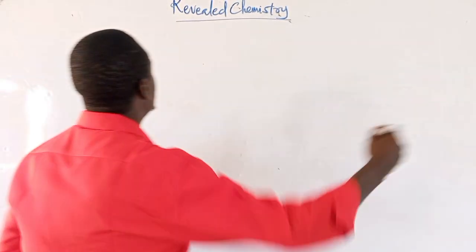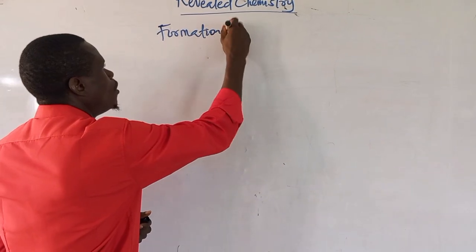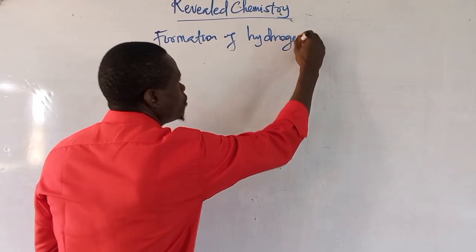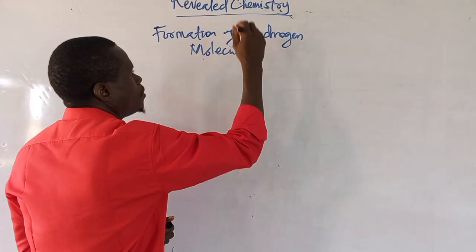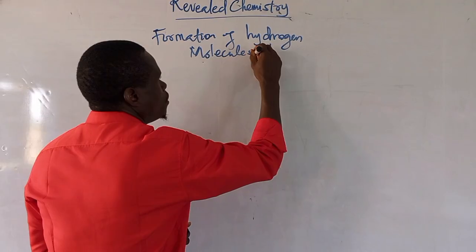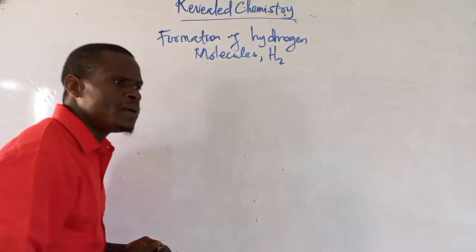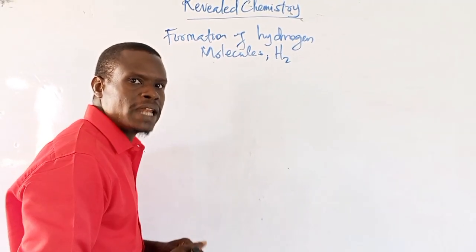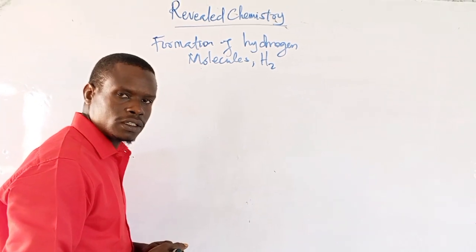Formation of hydrogen molecule. Now, remember in the periodic table, hydrogen occupies the first place as atomic number 1.